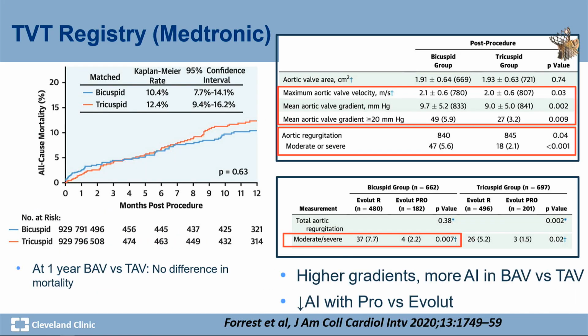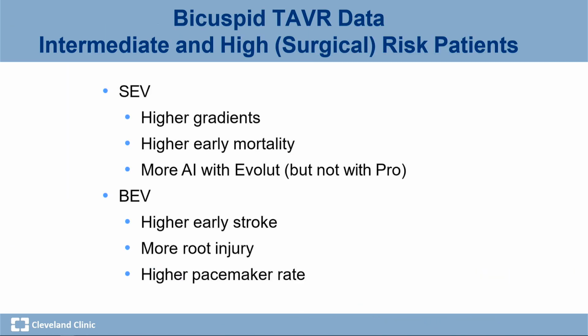And then if you follow them in the TVT registry, again, you can see that the all-cause mortality was changing in these valves. Higher gradients were seen. So I summarized it here to say that there were higher gradients with self-expanding valve compared to the tricuspid valve, maybe because it doesn't expand fully, higher early mortality, and more AR was seen with the Evolut, but not so much with the Pro, the newer generation of self-expanding valve.